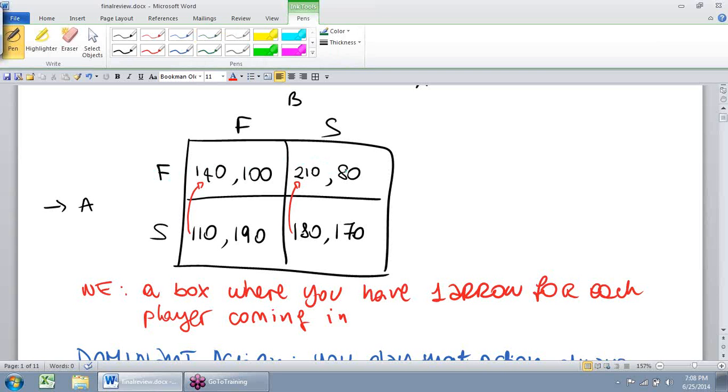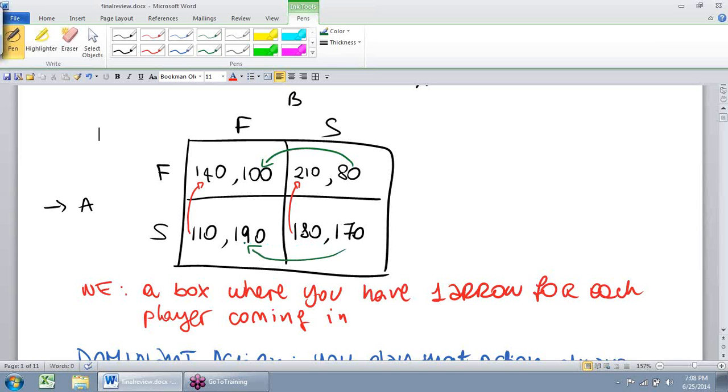B will compare the payoff of 100 from fight with 80 from share. Since 100 is greater than 80, we have an arrow going from share to fight for player B. And if instead A chooses to share, then B will compare the payoffs of 170 from sharing with 190 from fight. Since 190 is greater than 170, we have an arrow going from share to fight.